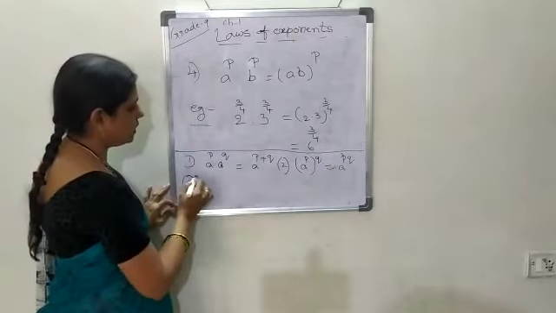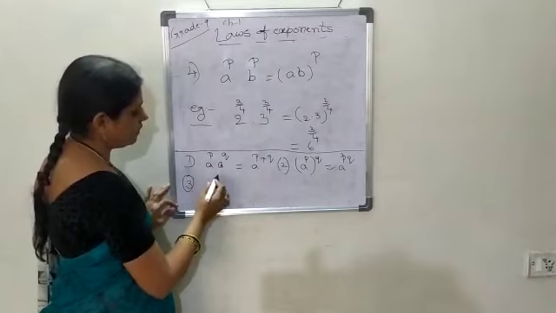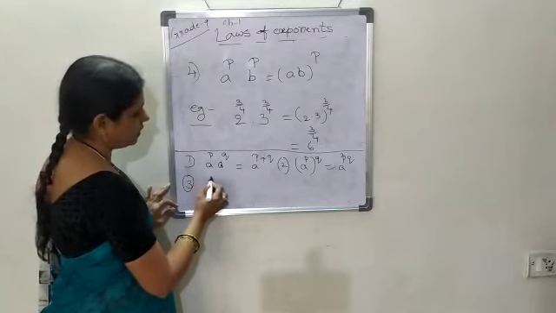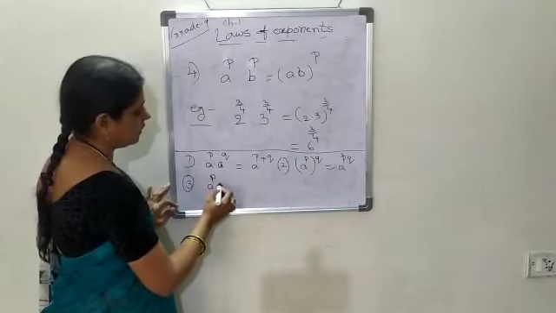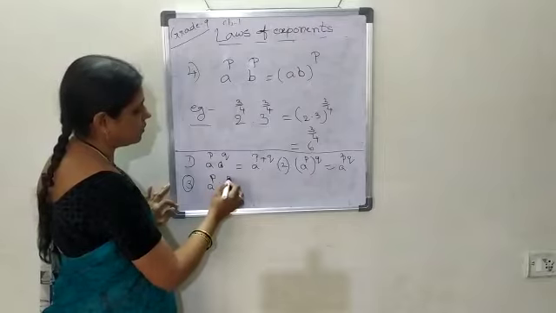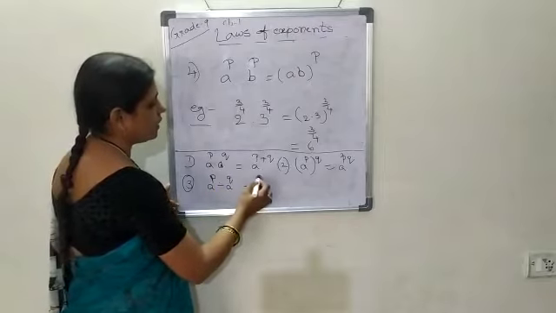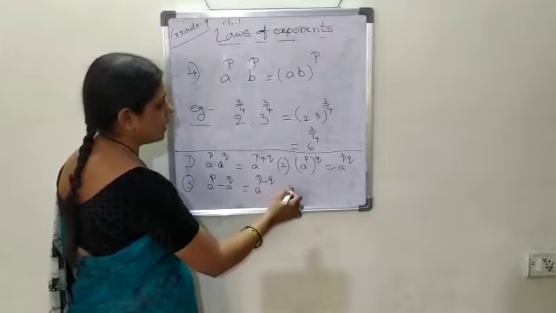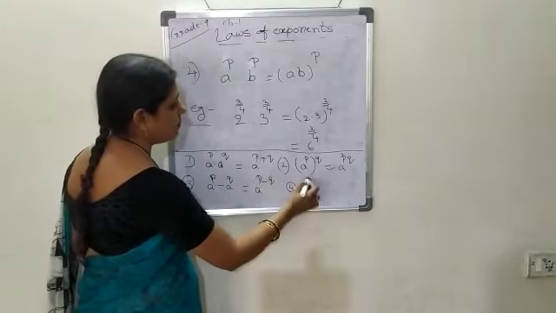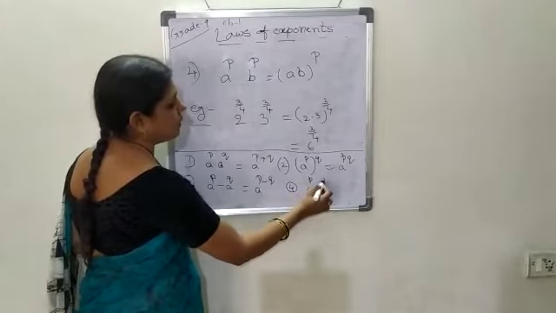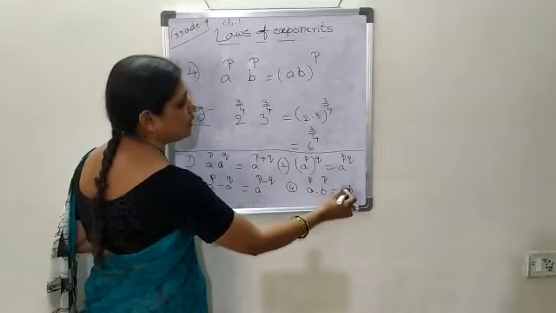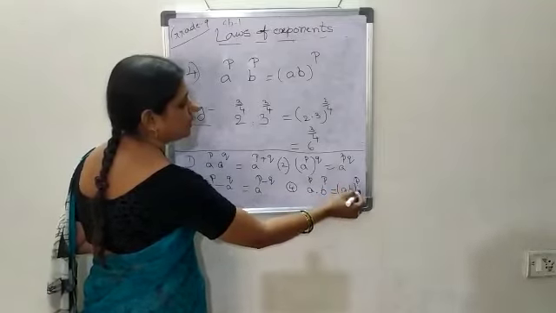Next, the third one, a power p divided by a power q equal to a power p minus q. And the last one, a power p into b power p equal to ab whole power p.